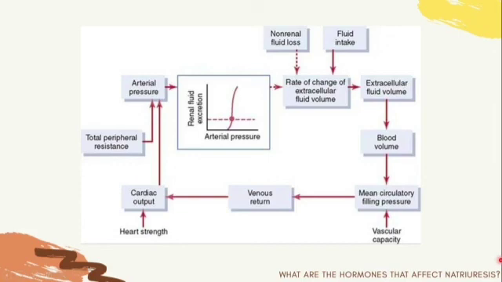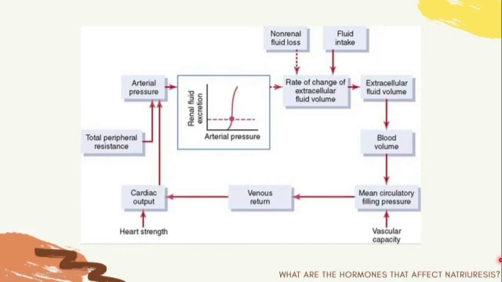Since there is fluid intake that exceeds your urine output, there would be accumulation of fluid in your blood and interstitial spaces. So, there would be increased blood volume, raising your mean circulatory filling pressure. And what happens next? It increases your pressure gradient for venous return, thus increasing your cardiac output.